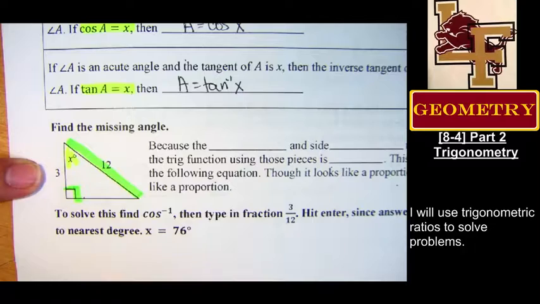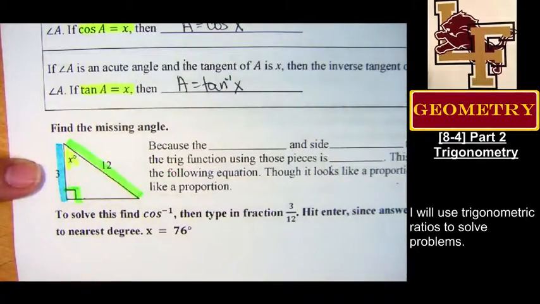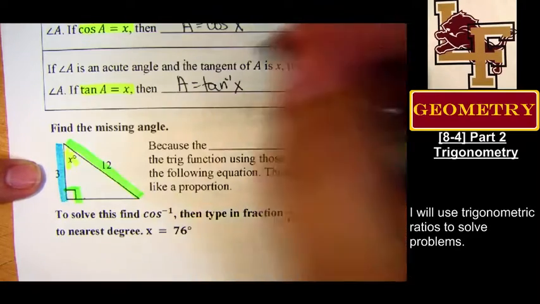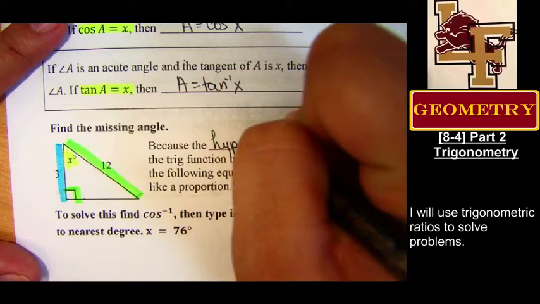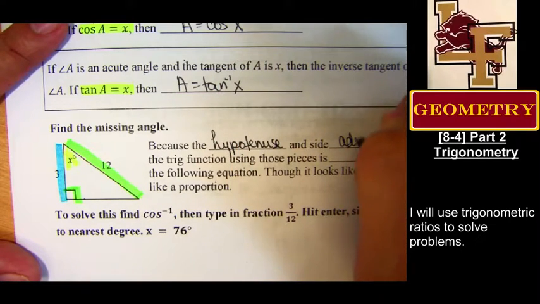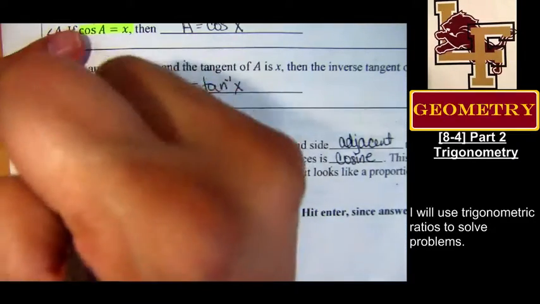Try again. It is adjacent to the angle that we don't know the measure of yet. Because we have information on both the hypotenuse and the side adjacent to the angle that we're looking for, we can use the cosine.